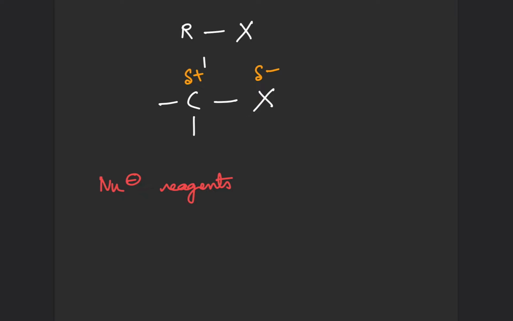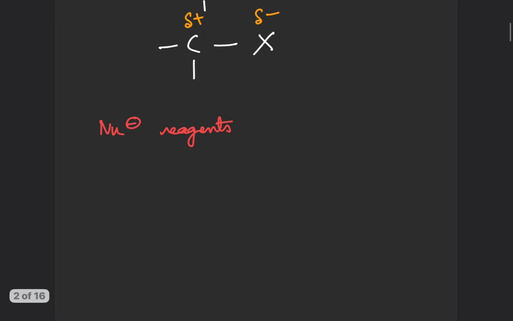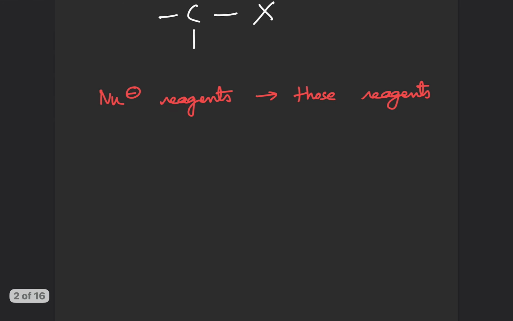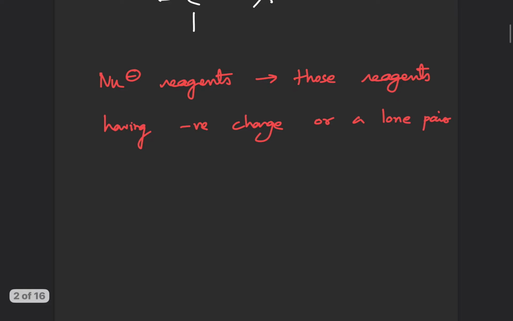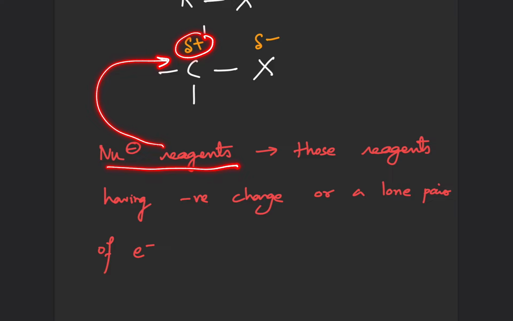Nucleophilic reagents are those reagents having a negative charge or a lone pair of electrons. Okay. So again, I will repeat my statement. Due to the presence of the small positive charge on the carbon atom, nucleophilic reagents can attack this carbon.